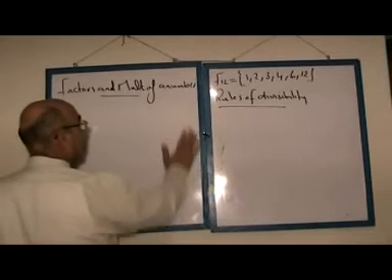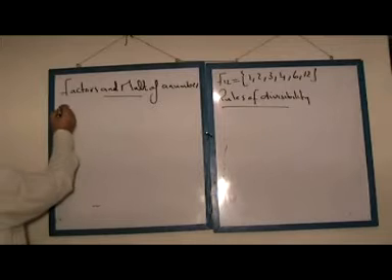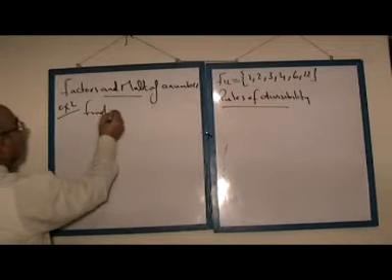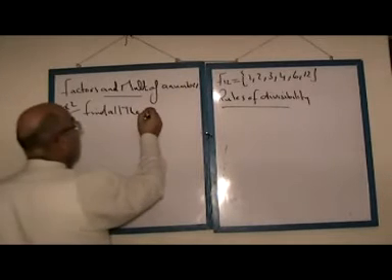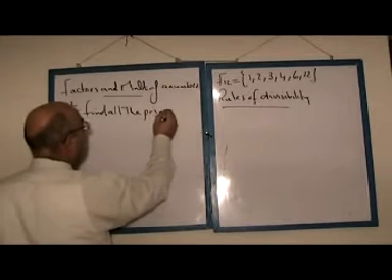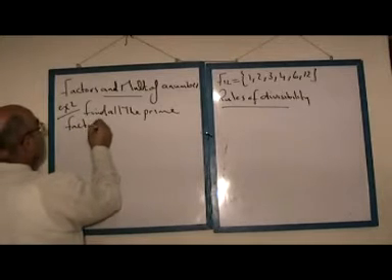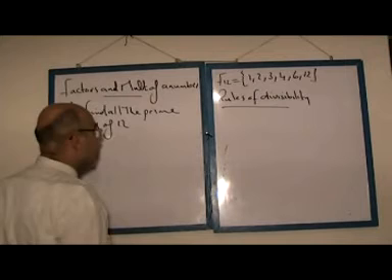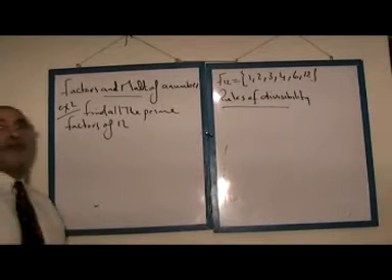Like for example, here it says, example 2, find all the prime factors of 12. Or sometimes it says express 12 as the product of all of its prime factors.